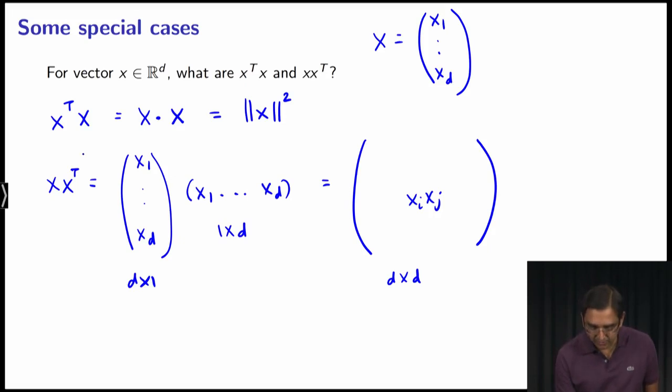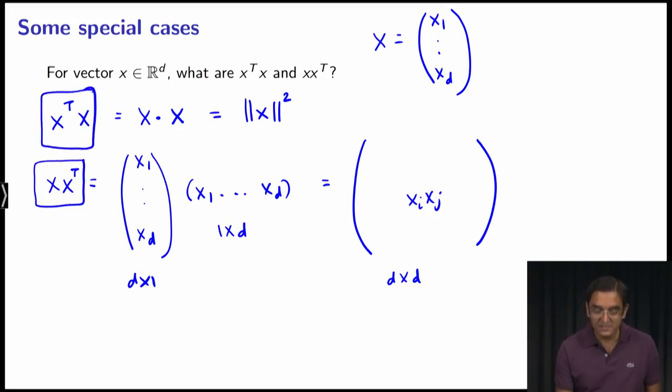So these are also two very useful things to bear in mind: x transpose x versus x x transpose. Now they look almost the same, but as you can see, they're completely different. One of them is just a simple number, the length of the vector squared, and the other is a full d by d matrix.